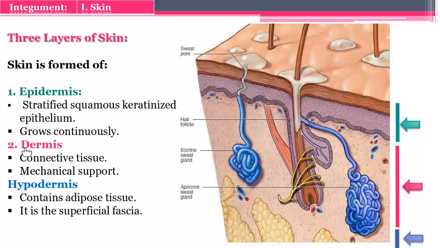Epi means epithelium. The stratified squamous keratinized epithelium forms the epidermis, and the connective tissue present below the basement membrane forms the dermis. These are the two basic layers of skin.